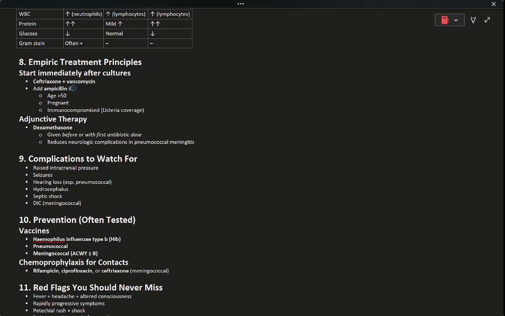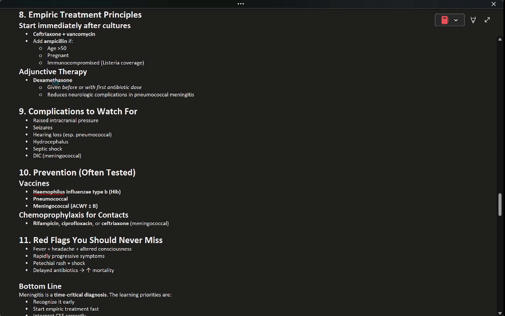And then you can add ampicillin if the patient is over 50 years old, if they're pregnant, or if they're immunocompromised. The ampicillin is needed for Listeria coverage, especially for patients who are immunocompromised.